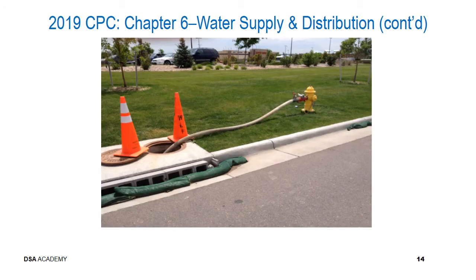This is another picture of clearly a prohibited connection. You've got, in essence, probably a potable water supply, which is feeding a fire hydrant, and the contractor has connected a hose on the discharge side of the fire hydrant, which is running out of sight into a manhole, which appears to be going into a storm drain.